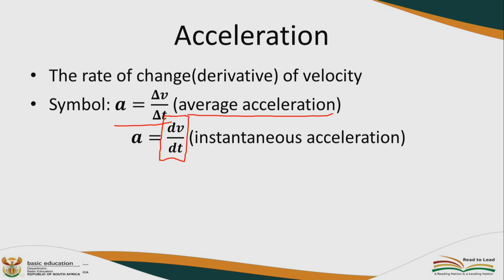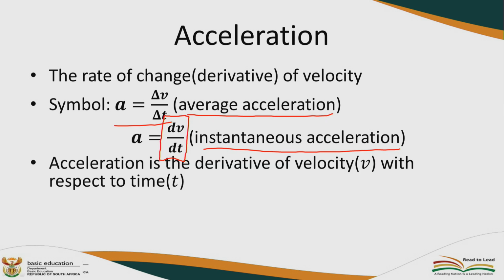So it means that another expression for acceleration will be dv/dt. And we refer to this as the instantaneous acceleration. So once we have an understanding of that, we can then say that acceleration is the derivative of velocity v with respect to time t.